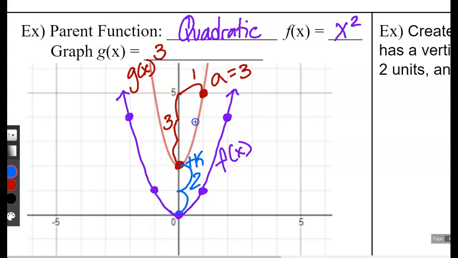So does anyone want to guess at how we're going to finish writing this equation? Exactly. It's a quadratic, meaning it has an x squared. And after the x squared, I put a plus 2. So in total, I have 3x squared plus 2.